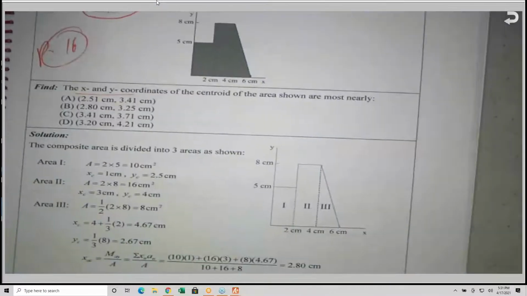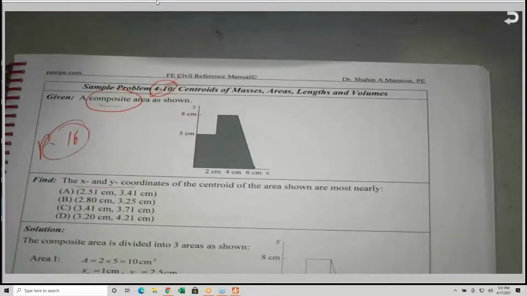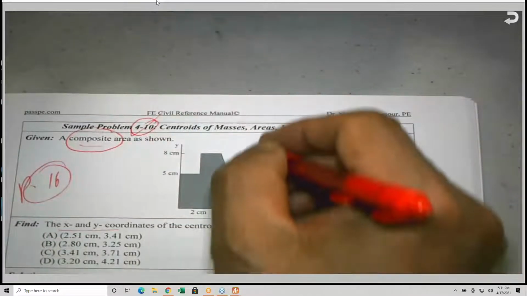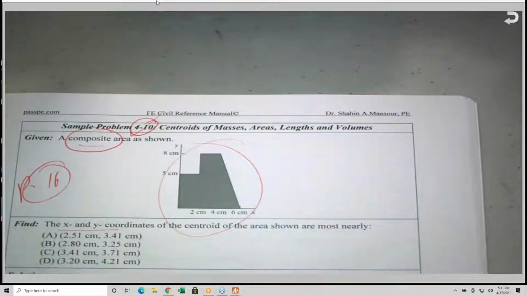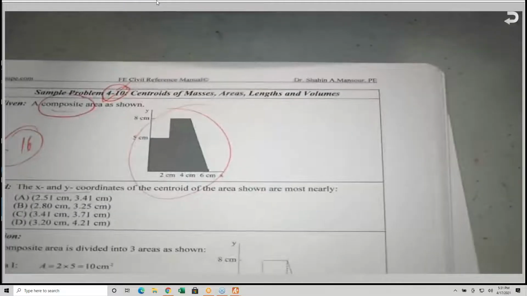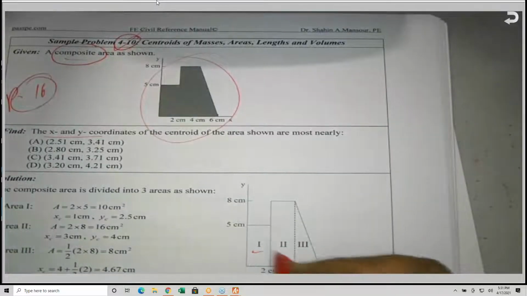If you look at this, divide the given area into common areas like square, rectangle, triangle, and so on. As you can see, I divided it into 3: 1, 2, 3.